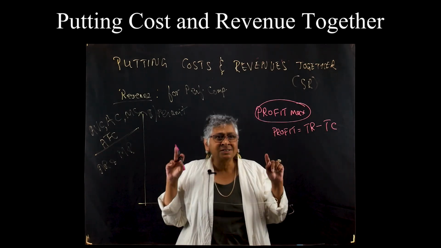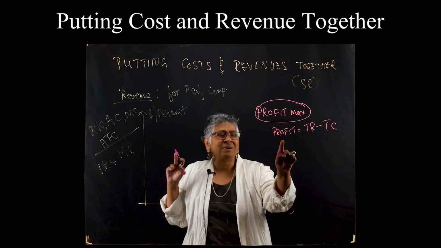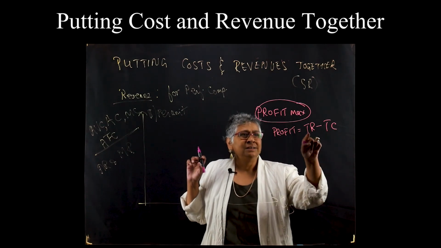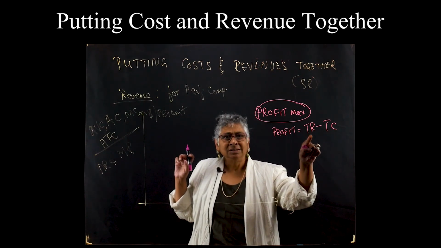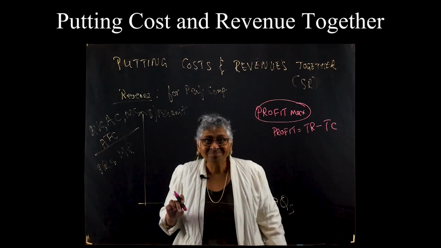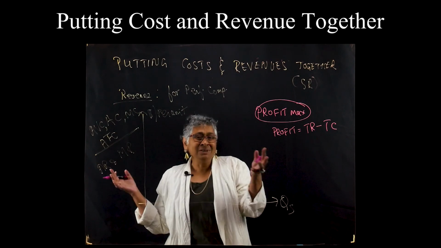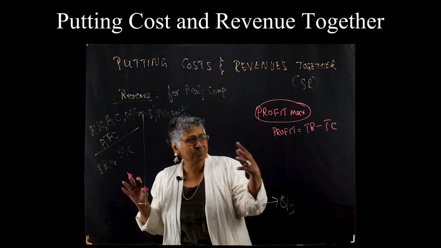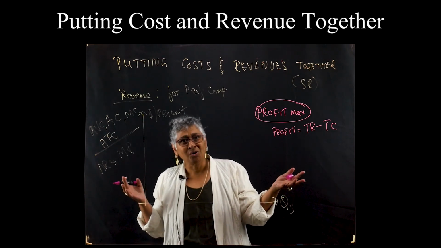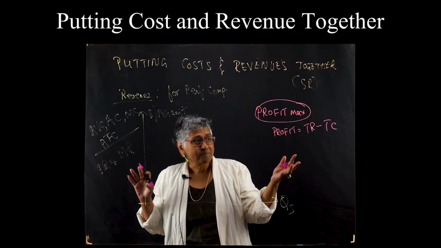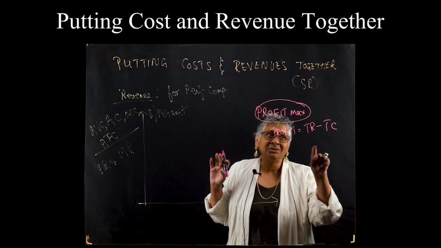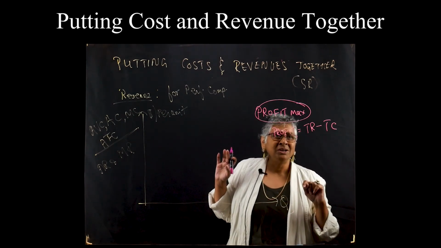Now, the interesting thing is that to maximize profit, I have to think not only of maximum revenue, because I can get more and more revenue when I produce more. But it doesn't just mean the best way is to keep on producing more, because when I produce more, I also have more and more costs, right? So it's not enough to just say maximize revenue, because my costs go up as I keep increasing my output.